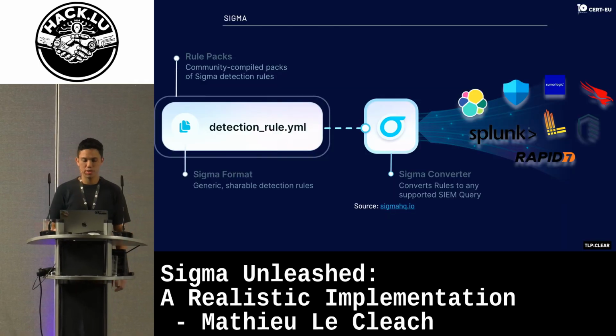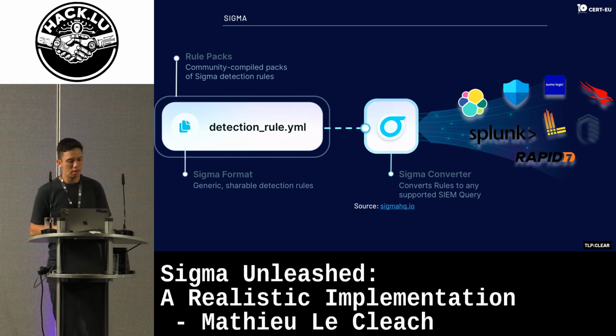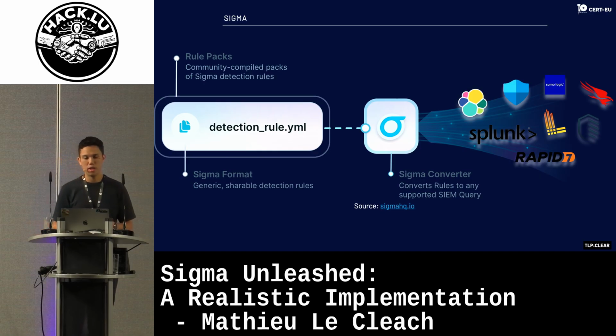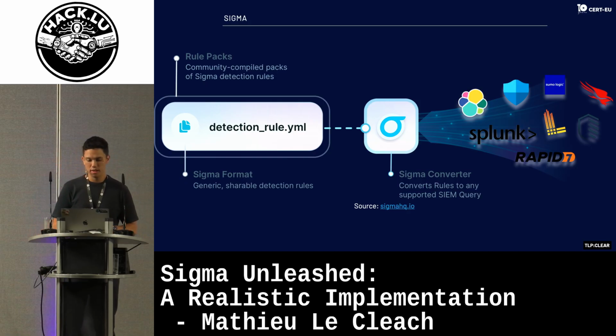So Sigma is a generic rule signature format where you have a YAML file as a detection rule. It's clear, and it's a YAML file where you have your detection logic explained, and with that file you can share, and it is designed to be converted or integrated in various tools for incident response or for threat detection.